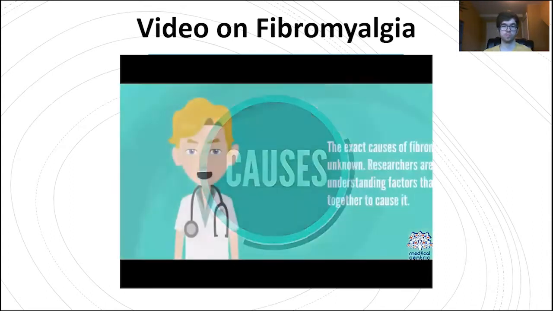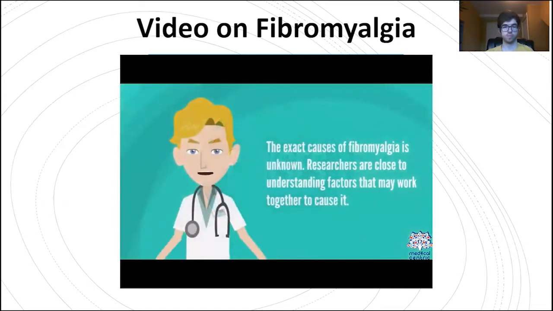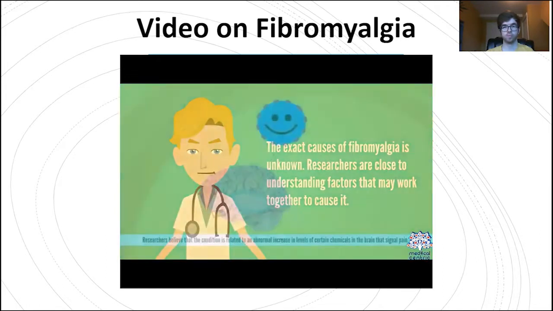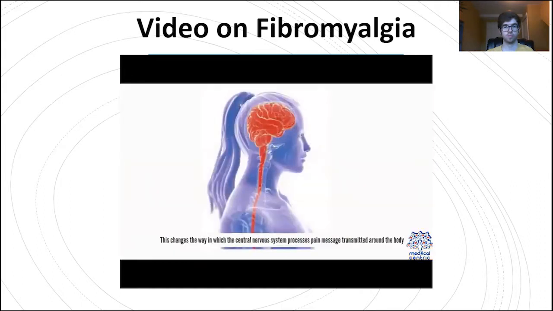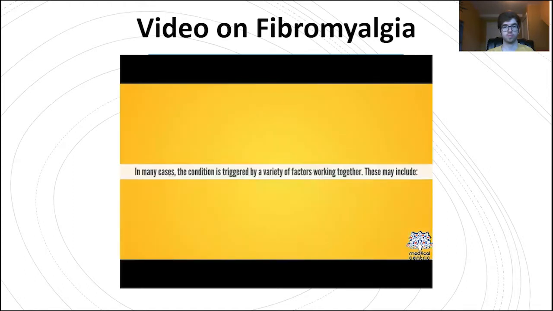Causes. The exact cause of fibromyalgia is unknown. Researchers are close to understanding factors that may work together to cause it. Researchers believe that the condition is related to an abnormal increase in levels of certain chemicals in the brain that signal pain. This changes the way in which the central nervous system processes pain messages transmitted around the body. In many cases, the condition is triggered by a variety of factors working together.